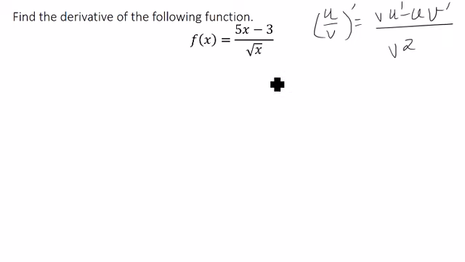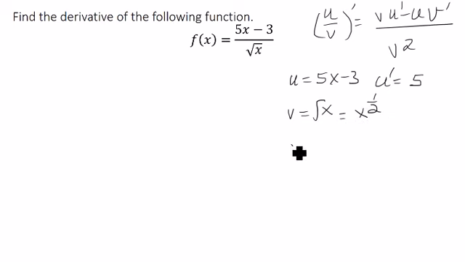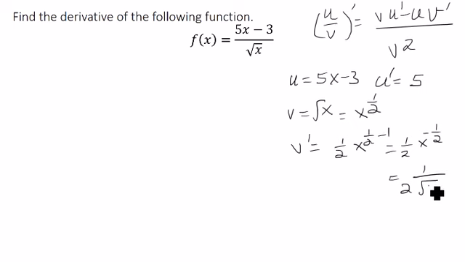So in our case, u is going to be 5x minus 3, so u prime is going to be 5, and v is going to be the square root of x, which is actually x to the 1/2, and then v prime is going to be 1/2 x to the 1/2 minus 1, which is 1/2 x to the negative 1/2, which is 1 over 2 square root of x.